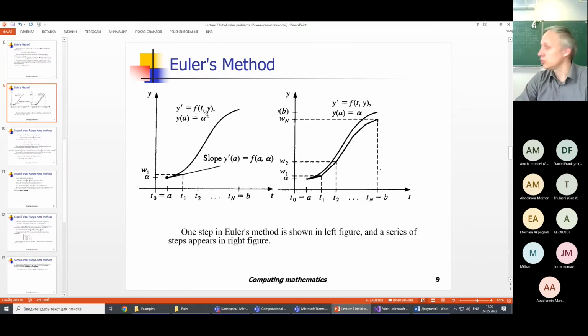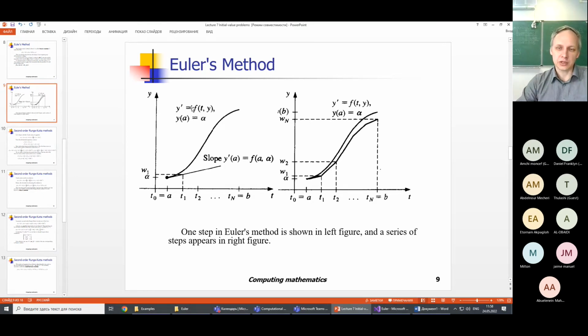Here it's used notation t for the variable. And this is a graph of the function y of t. We don't know y of t, but at the initial point, we know the derivative.